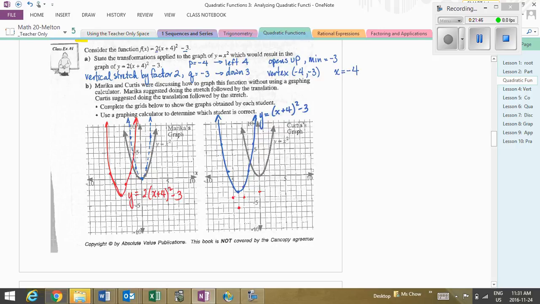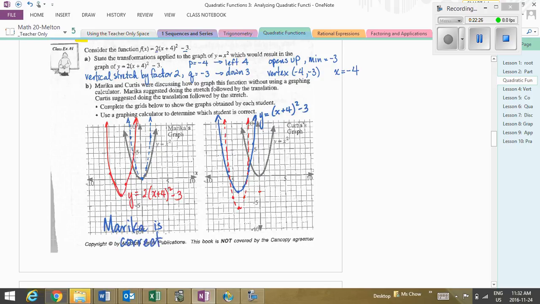And with that axis of symmetry, in this particular case, then I've got a y value of +1, and so then my y value is going to end up being +2, and then we can draw that at this point. So this is then Curtis's, and so we can see that it's obviously very different than Marika's. Marika's is the correct one. Okay, so Marika is correct.